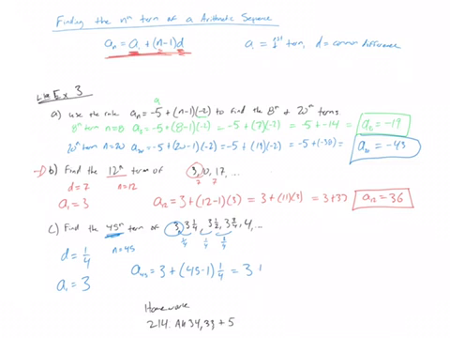It's going to be 3 plus 44 times 1/4. 1/4 of 44 is going to be 11, so 3 plus 11 is going to come out to be, so my a sub 45 is equal to 14.